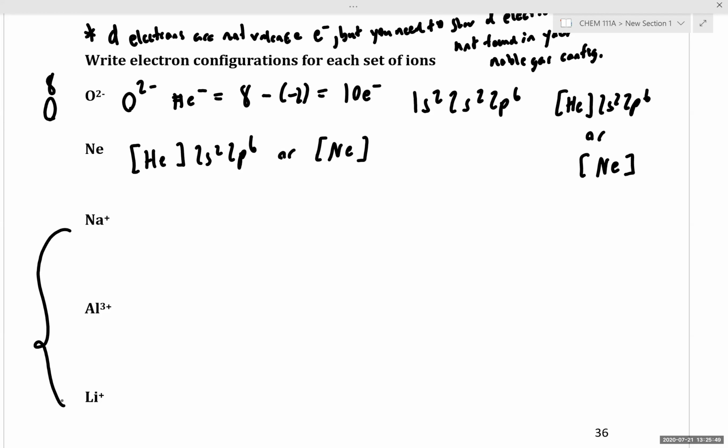Let's try to get a few more responses and we'll discuss shortly. We'll discuss this example in about another 2 minutes.